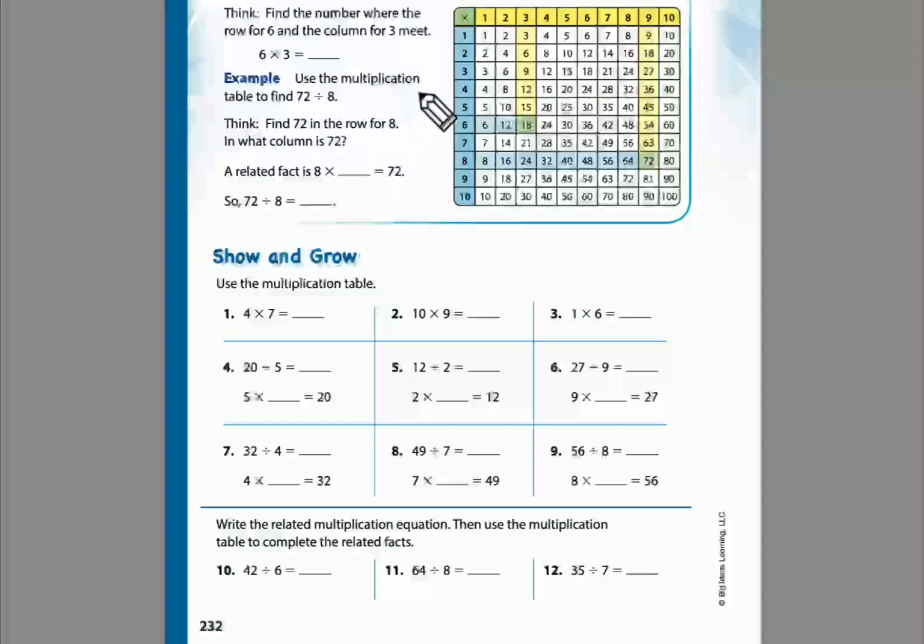In the row for 4, this row, and in the column for 7. So they meet here at 28. Excellent. Thank you, my hero. And of course, in multiplication, we can change the order. Okay, Ibrahim, thank you.